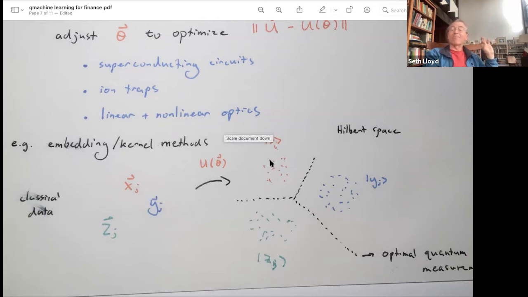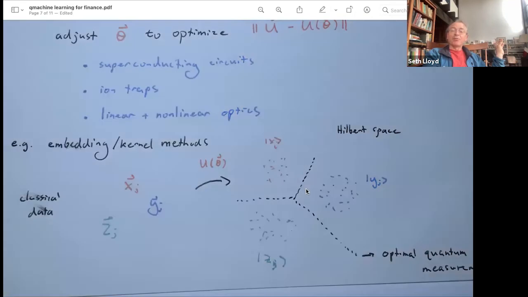The kernel just gives us a metric on this high dimensional vector space. The goal is to find an embedding such that pictures of ants get embedded in one corner of the Hilbert space, pictures of bees get embedded in another corner, and pictures of cockroaches get embedded in another corner, so that these clusters are well separated from each other. And then you can make a measurement that will distinguish between them.